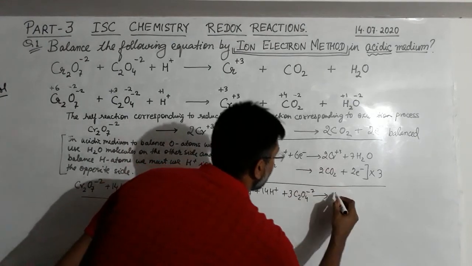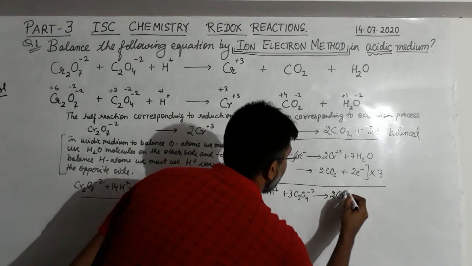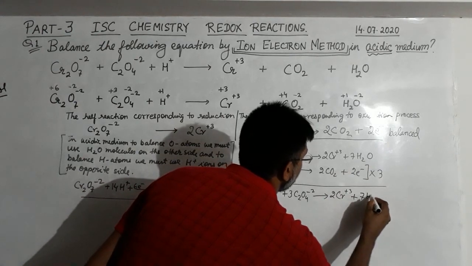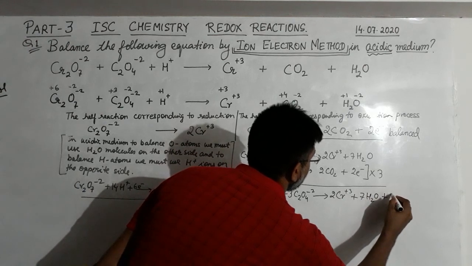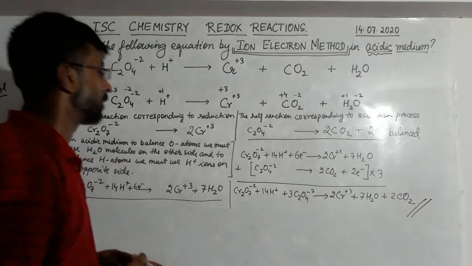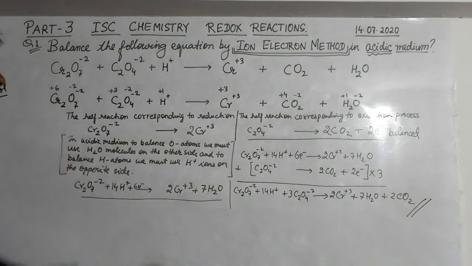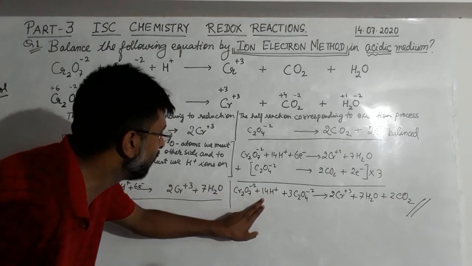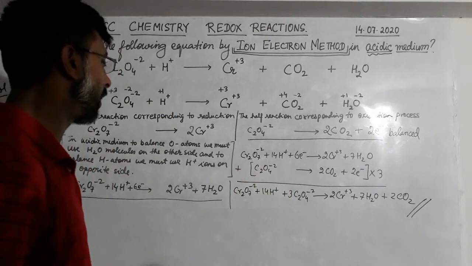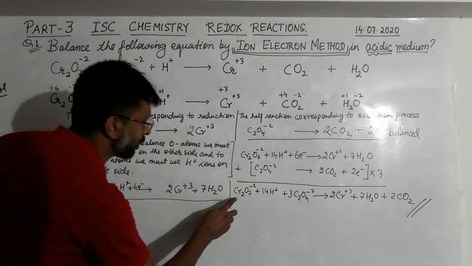Then I'll write this 2Cr plus 3 plus 7H2O plus twice CO2. Now our ionic equation which is given in the question, it is balanced. I can rearrange this oxalate ion this side and write the 14 hydrogen ion that side. Never mind, it is correct in this manner also. We can check it once more.